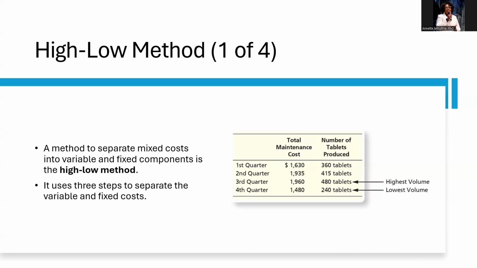So you see during the third quarter, you had the highest maintenance cost, and also you had the highest number of tablets produced. So using this data, we can apply the high-low method to separate the fixed and variable components of maintenance cost.